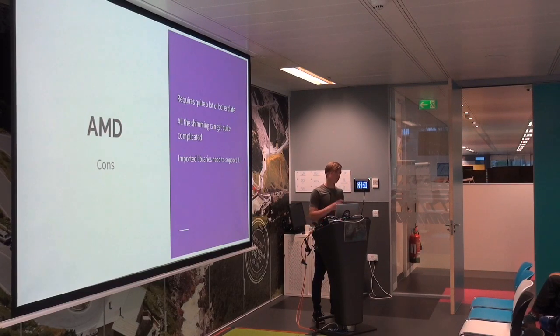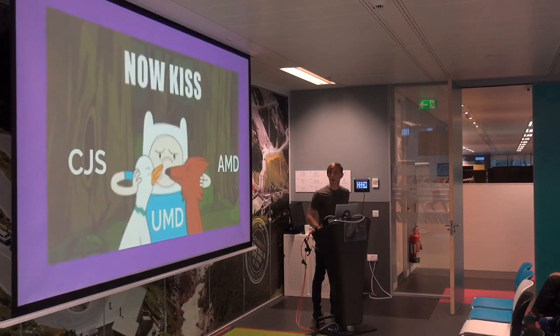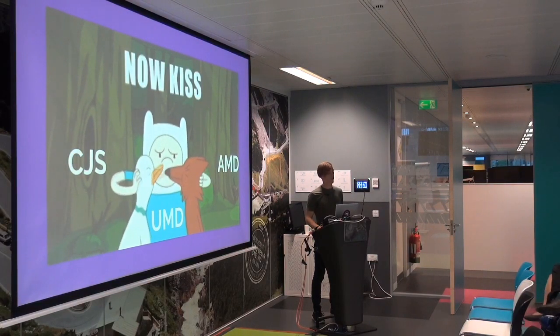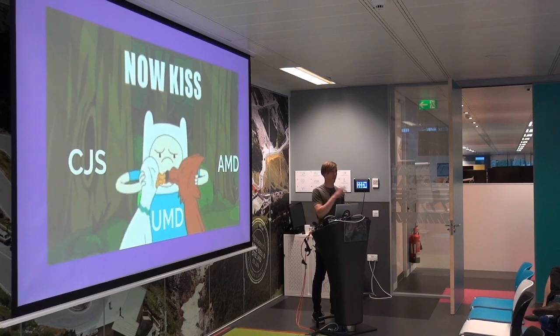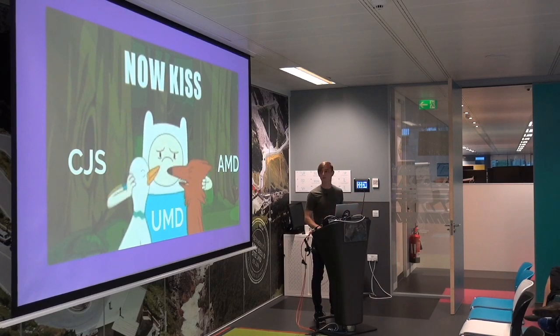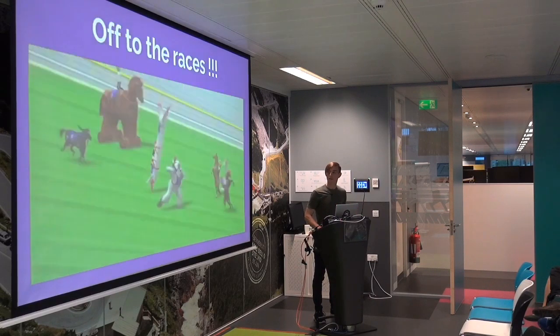Libraries not written for AMD are way harder to use. And once again, even harder to analyze statically. OK, so UMD comes along, the Universal Module Definition. It tries to define another spec, based on the two do-it-yourself specs, to actually make stuff work. And well, we're off to the races.